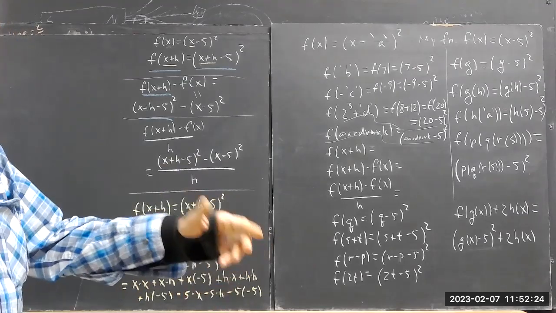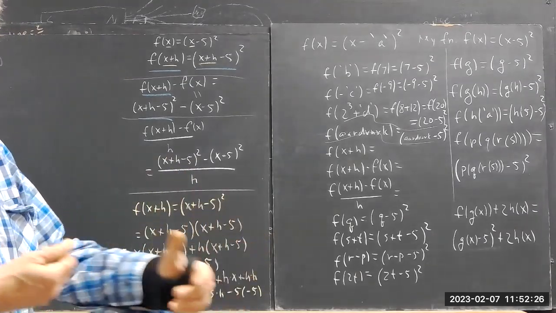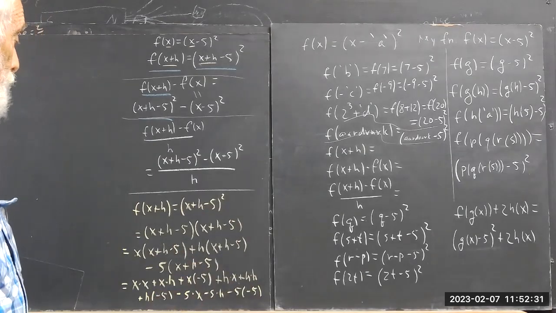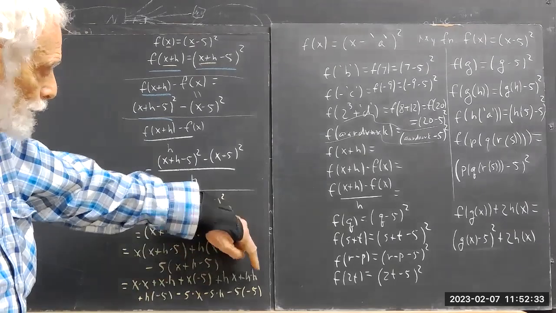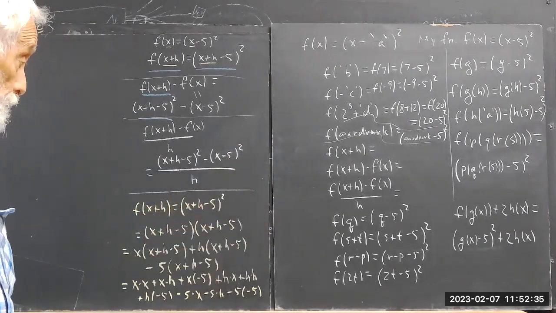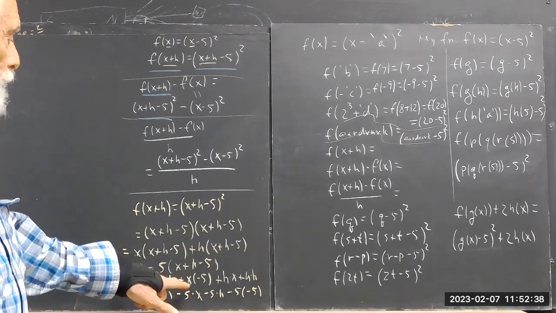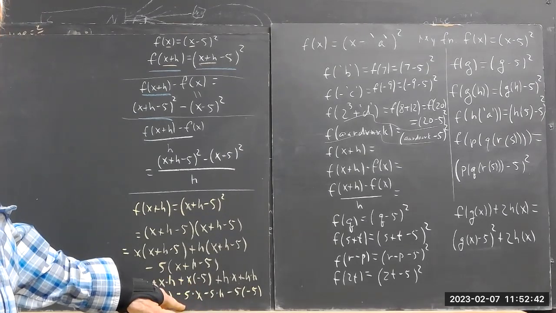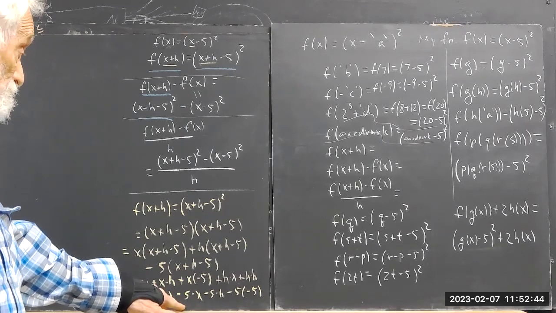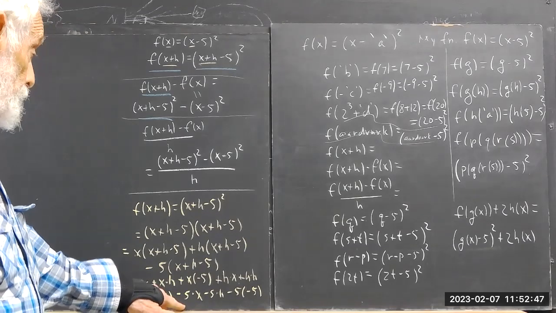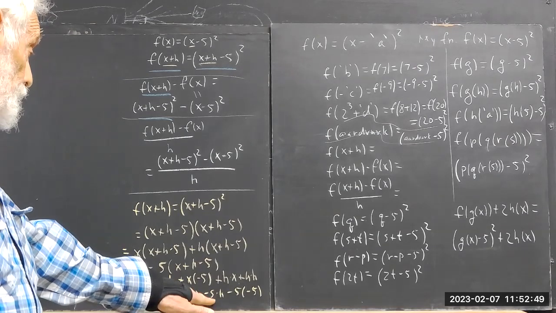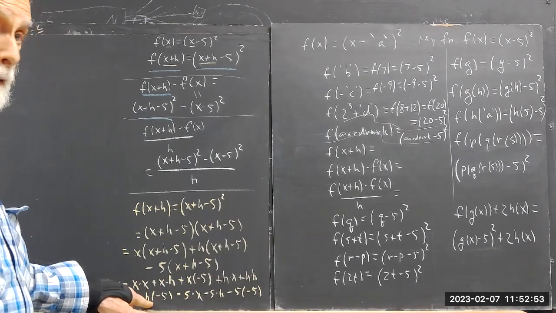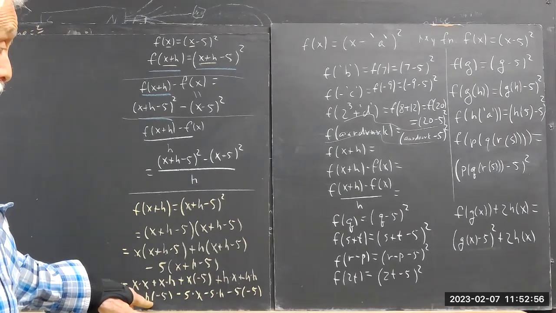Well, x times h is the same as h times x because you can multiply in either order, so you got two x times h's. H times h is h squared. You got negative 5 times x and another negative 5 times x, so you get negative 10 times x. You got negative 5 times h, and here you got negative 5 times h. It's negative 10 times h.